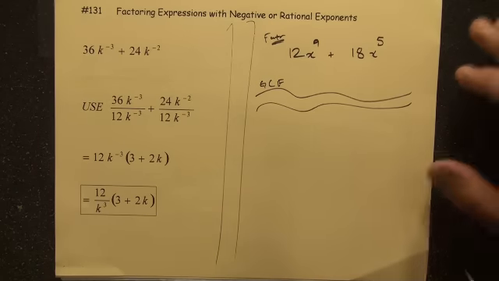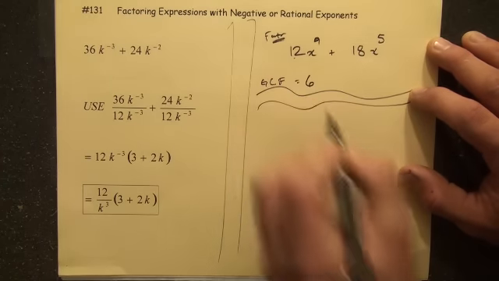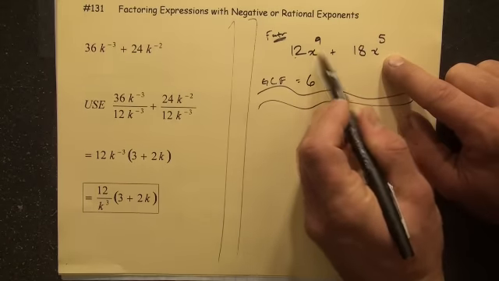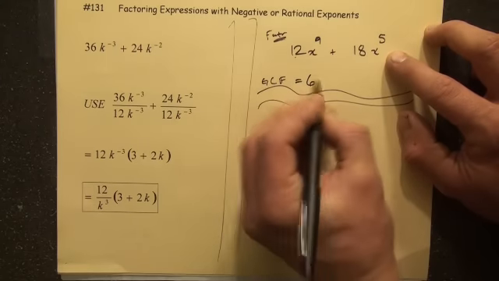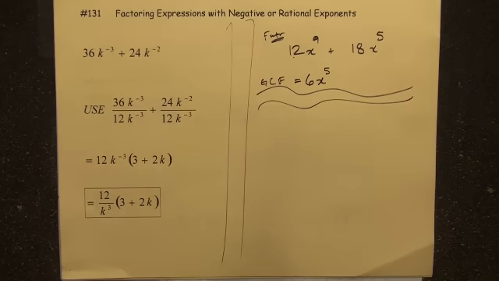So the greatest number that divides into 12 and 18 is 6. Then, the greatest exponent that divides into x to the ninth and x to the fifth is x to the fifth. That's why 6x to the fifth is the greatest common factor. It's that easy. You don't need to make this more complicated than it is.